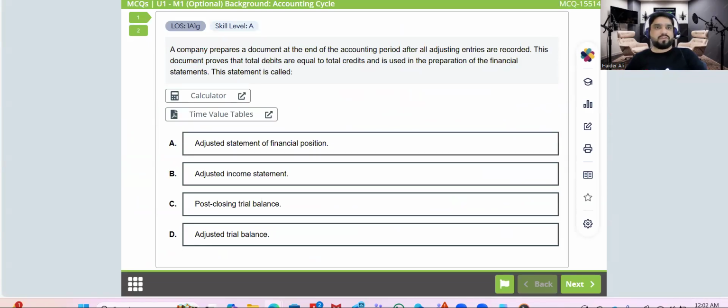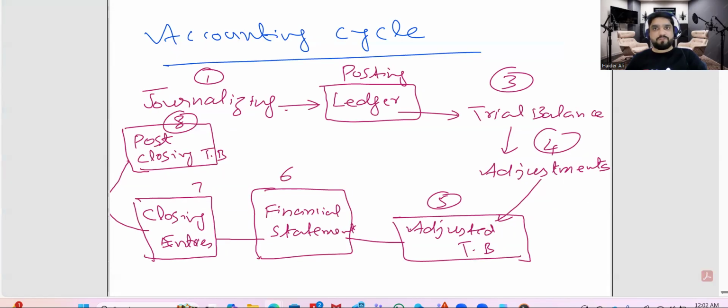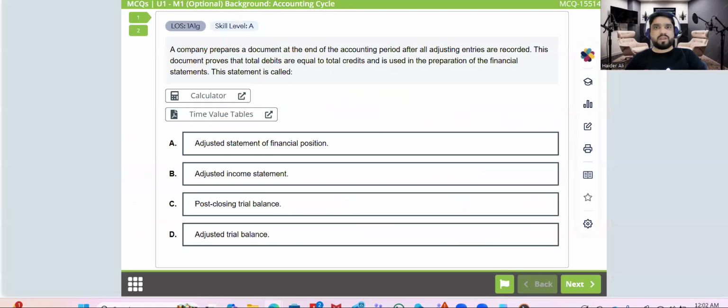First MCQs question. A company prepares a document at the end of the accounting period after all adjustments are recorded. Point to be noted here: after all adjustments are recorded. A few minutes before, I was talking about the adjusted trial balance, and then we prepare the financial statements. So technically, they are talking about the adjusted trial balance.